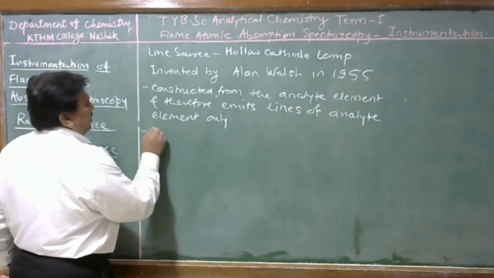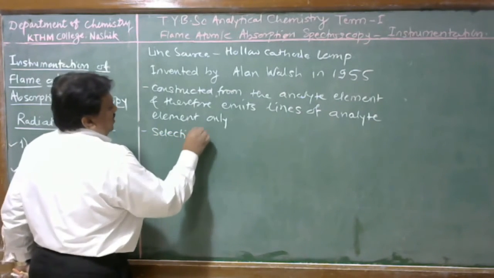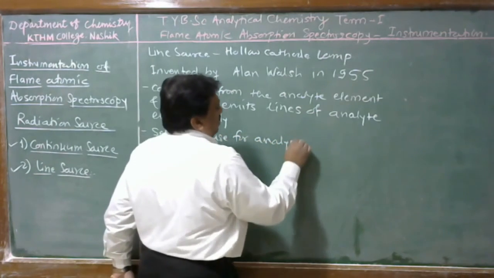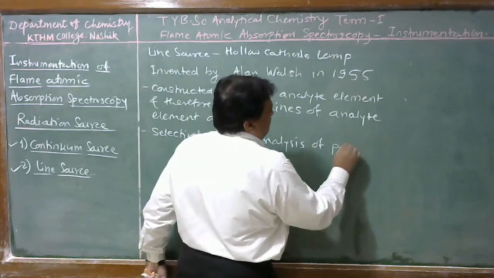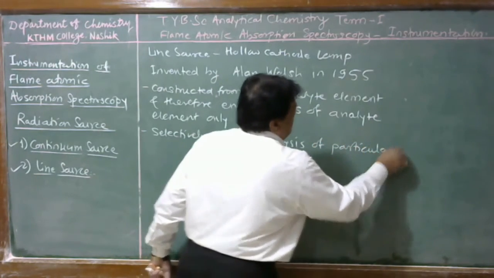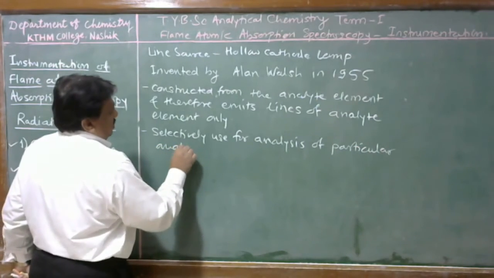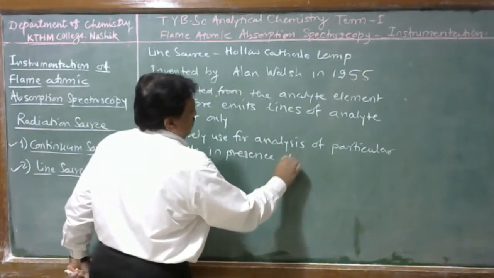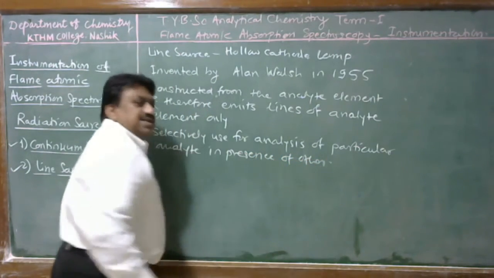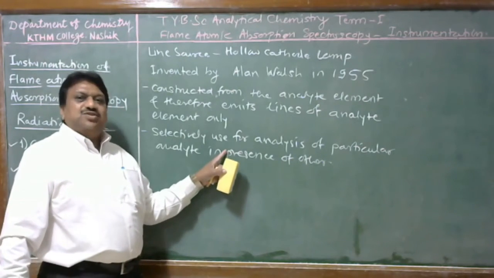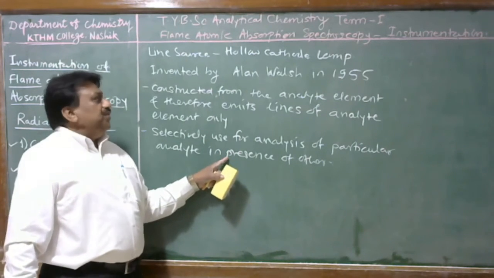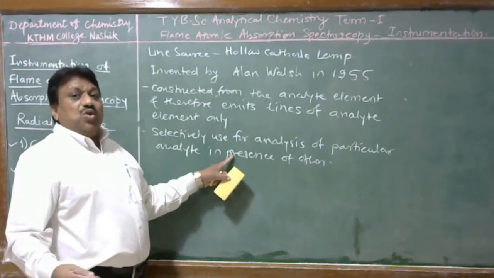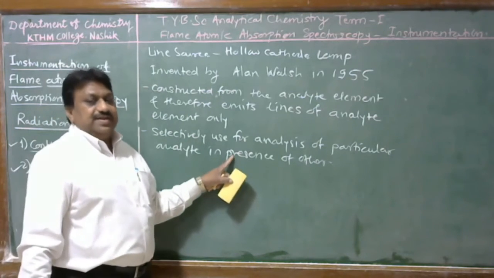Therefore, it can be selectively used for analysis of a particular analyte in presence of others. That means suppose we have to determine copper in presence of zinc, nickel, aluminium, and if we use a copper hollow cathode lamp, then we can measure the concentration of copper only, though zinc, nickel and aluminium may be present there.